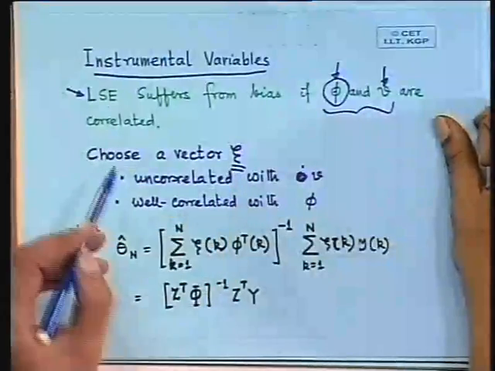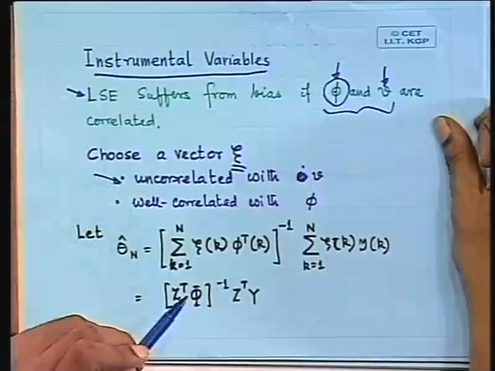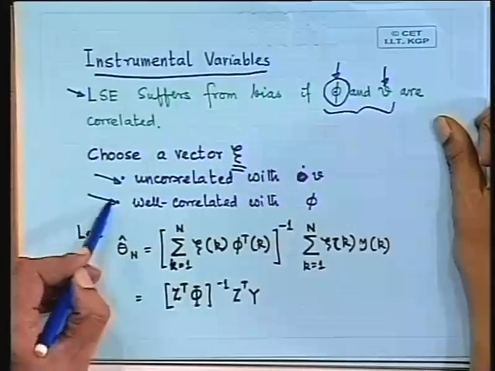Because if phi transpose phi inverse is very large, then your parameter error will also get very large. So it should remain more or less like phi transpose phi. In other words, the guideline is to choose a new vector which is uncorrelated with v and very strongly correlated with phi. If it is strongly correlated with phi, it means it is like phi, so the property of phi transpose phi inverse will be maintained, while that vector is going to be uncorrelated with v. So you have to choose such a vector and then use it.